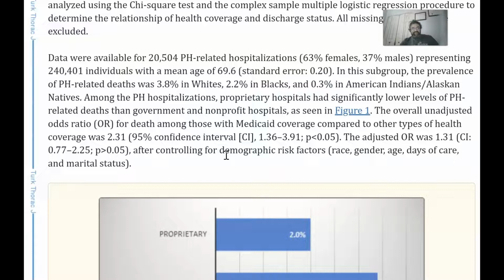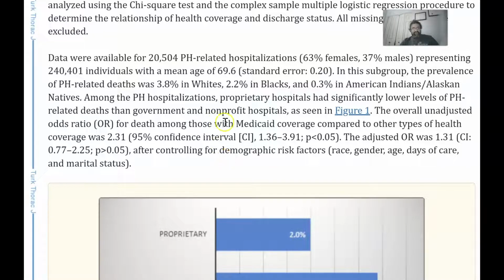So basically, when you have Medicaid coverage, you're more likely to die than individuals who had other types of health coverage.